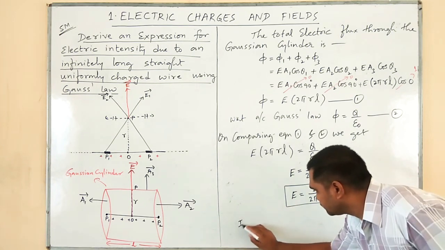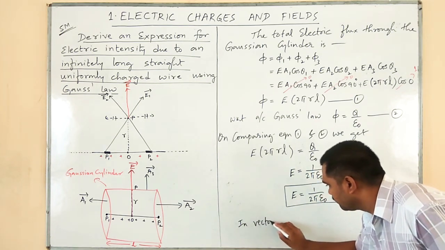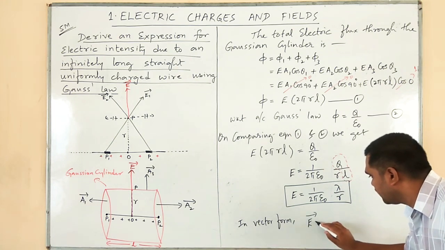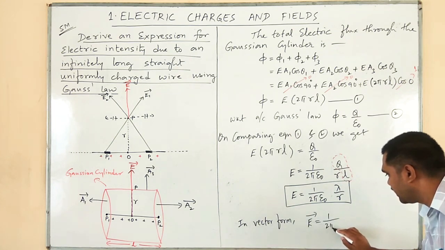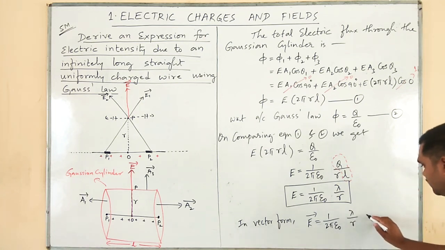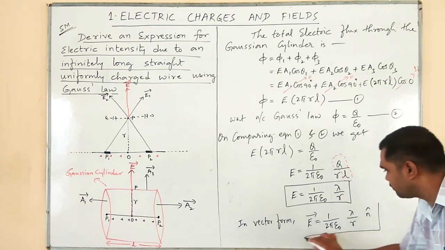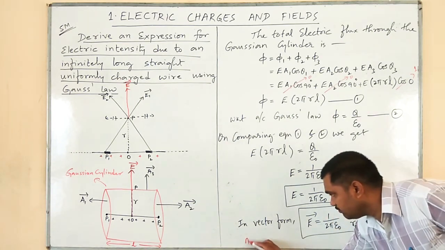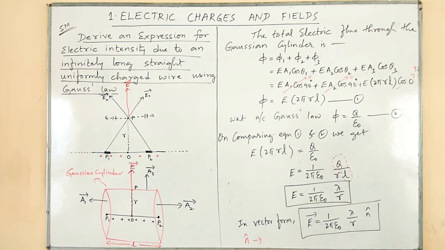In vector form, E vector is equal to 1 by 2 pi epsilon naught lambda divided by R into n cap, where n cap is, what is that n cap? If you write n cap along the direction of E, everything is positive here, meaning E and n are along the same direction.